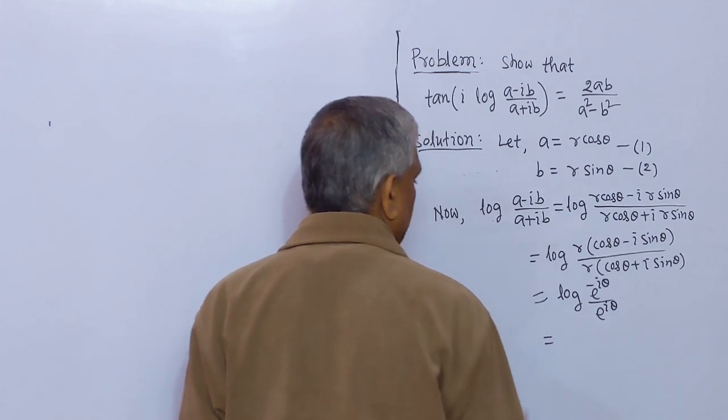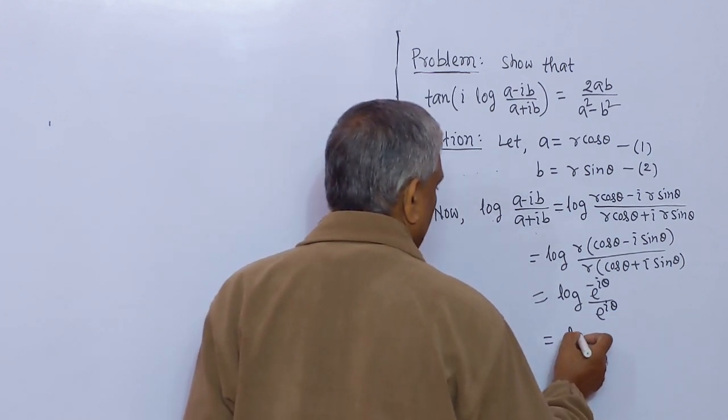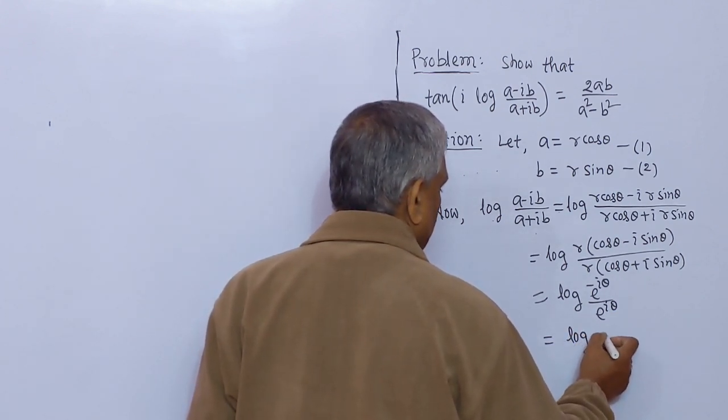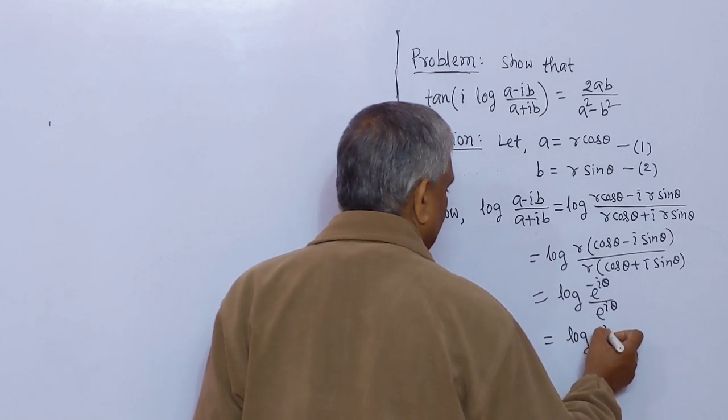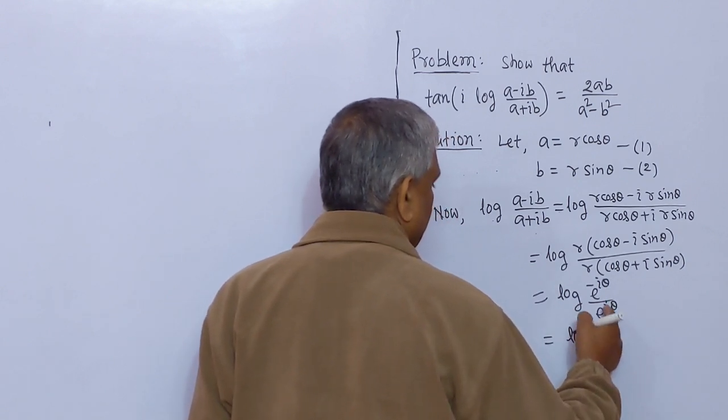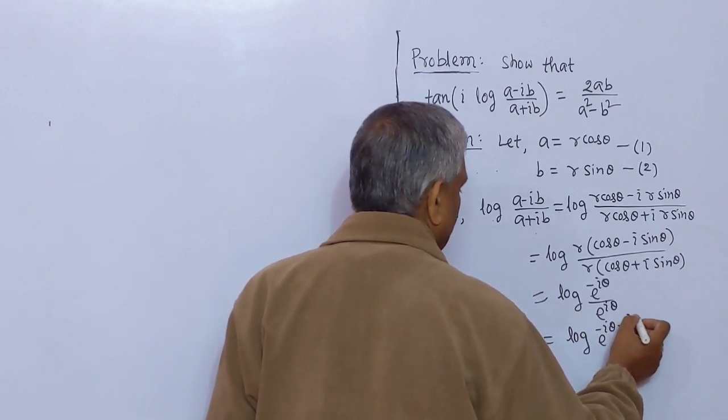This will be equal to log of e^(−iθ)/e^(iθ), which is equal to log e^(−2iθ).